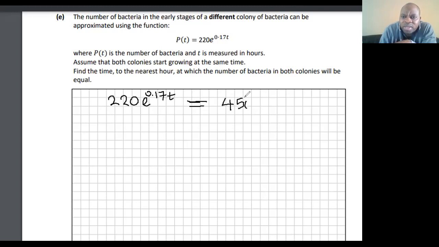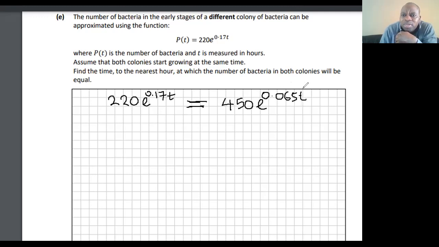That is why I advise students to be reading books a lot, so that you'll be able to interpret questions. Sometimes it is your inability to read and interpret questions. Find the time t at which the number of bacteria in both colonies will be equal.